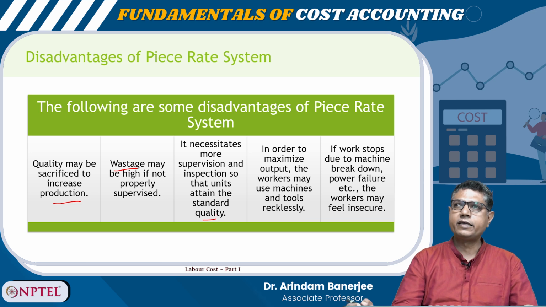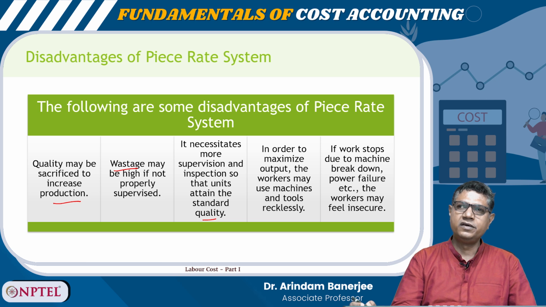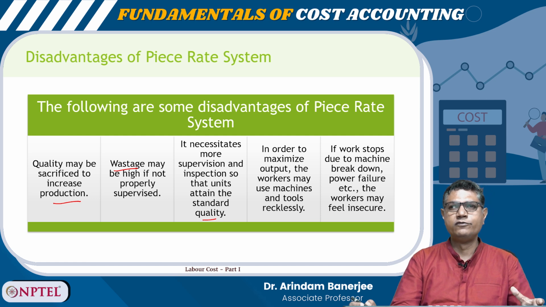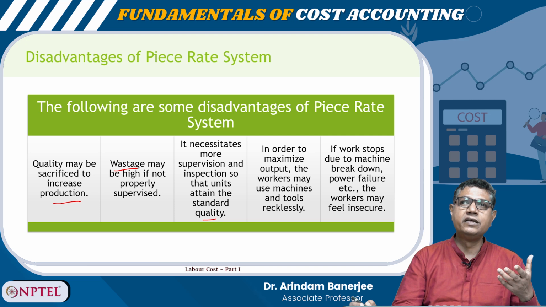In order to maximize output, the workers may use machines and tools recklessly, and if work stops due to machine breakdown, power failure, etc., the workers may feel insecure. See, this number of units produced does not depend solely on the effort of the worker. It depends on many other factors, for example, supply of power, or how efficient the machinery is.